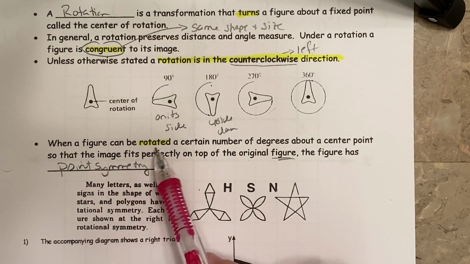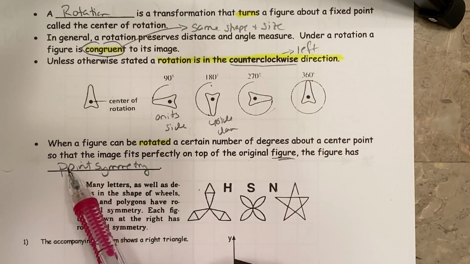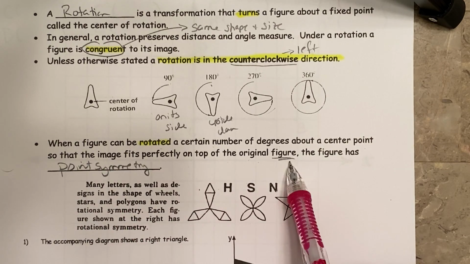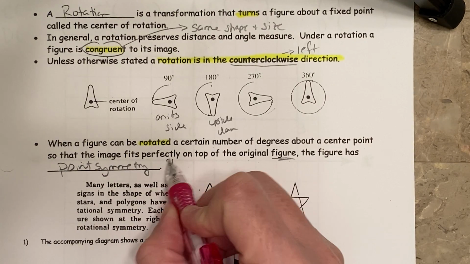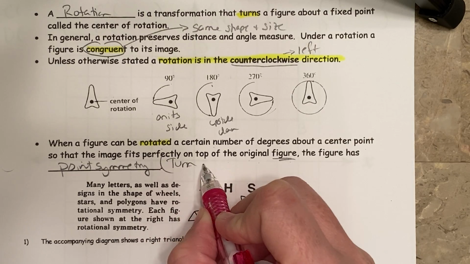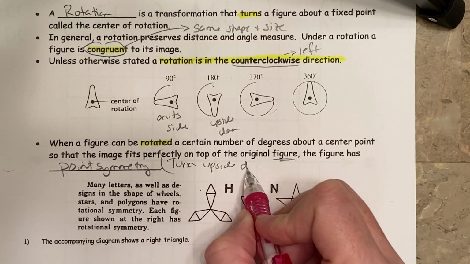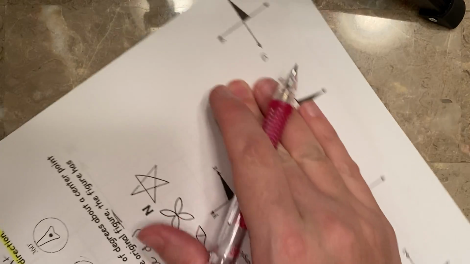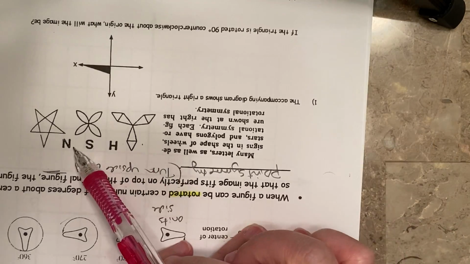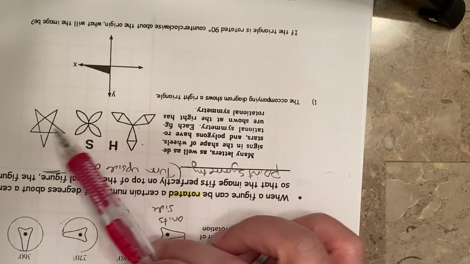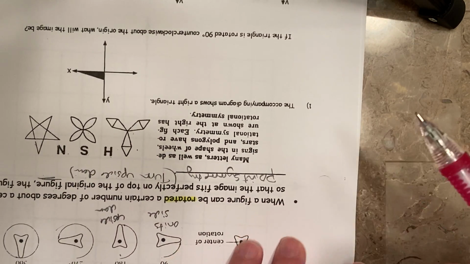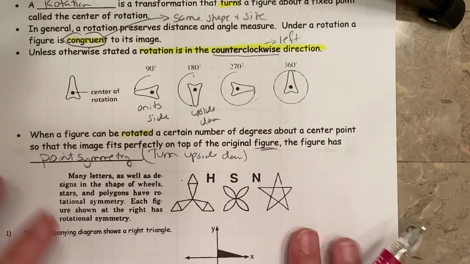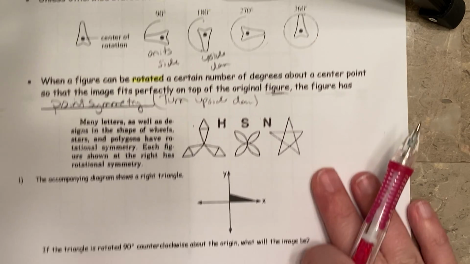So when a figure can be rotated a certain number of degrees, about a center point, so it fits perfectly on top of the original figure, the figure has point symmetry. So I had taught you on a do now last week, turn upside down. So we had to physically turn the paper upside down to see how the letters were exactly the same, the shapes were exactly the same as they were right side up, and that is called point symmetry. So we were doing a rotation.